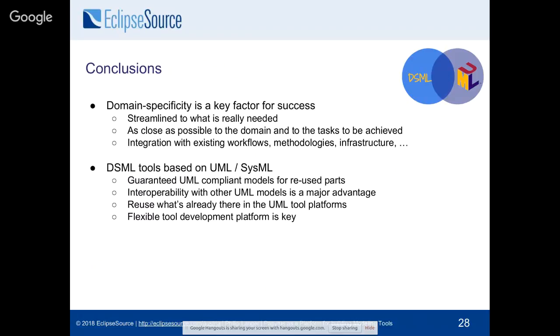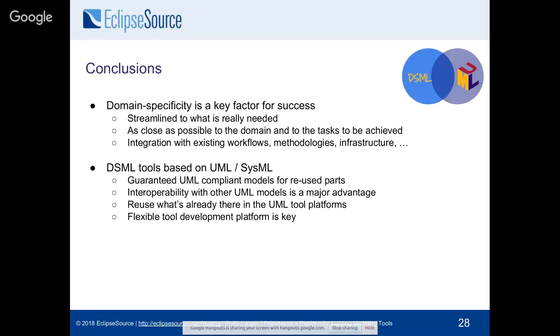On the one hand side in the UML tool platform, but on the other hand also in the ecosystem, like what I've showed you before with Papyrus Compare, and many other things that can just be reused since you are building on top of a UML tool platform, in that case Papyrus. And finally, the last consideration, it's very important to also take advantage of the rich client platform that is underneath, which is Eclipse.